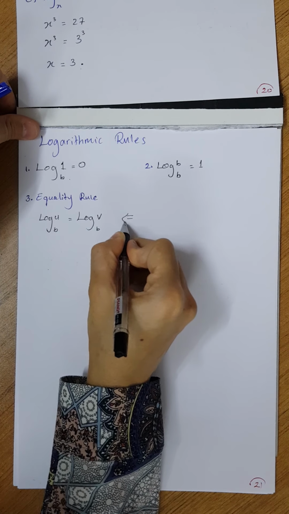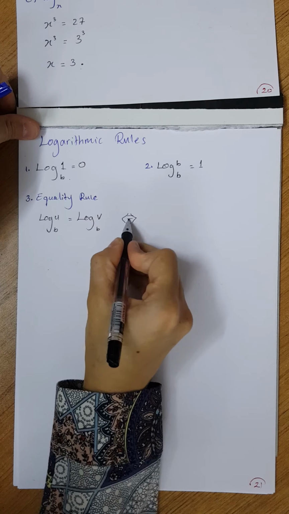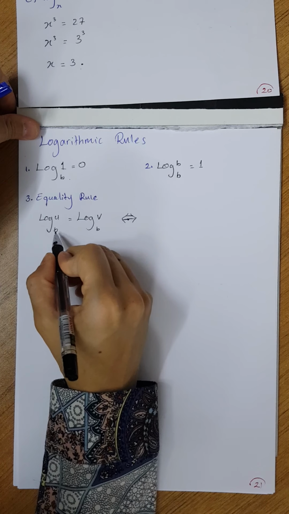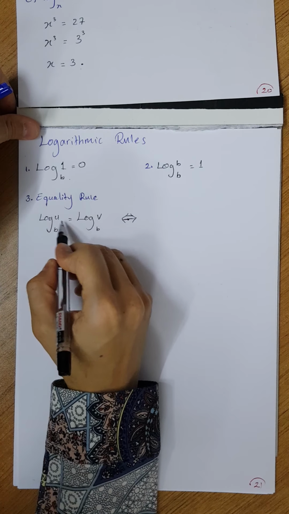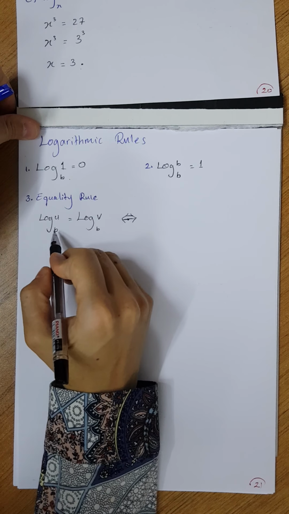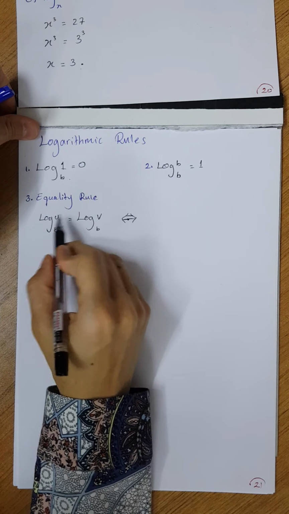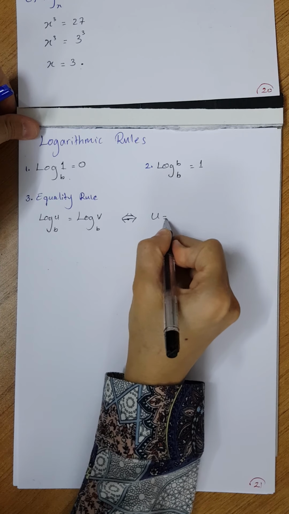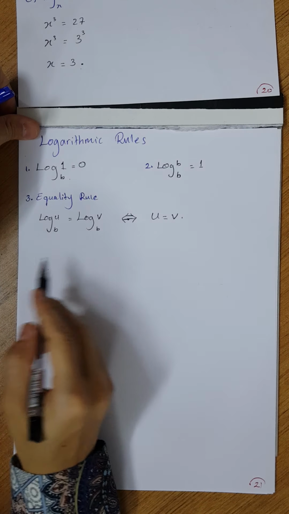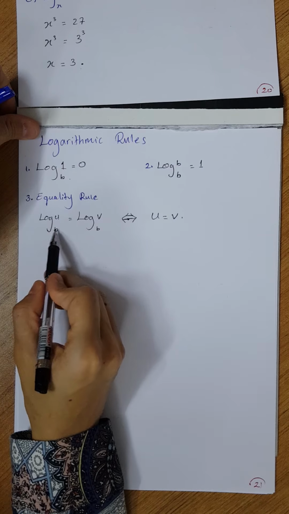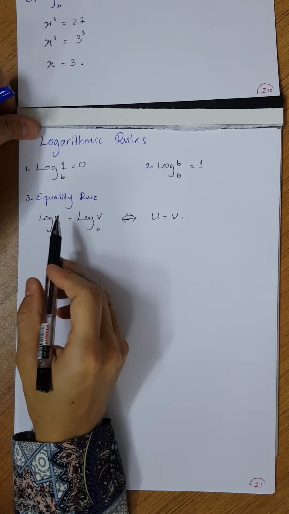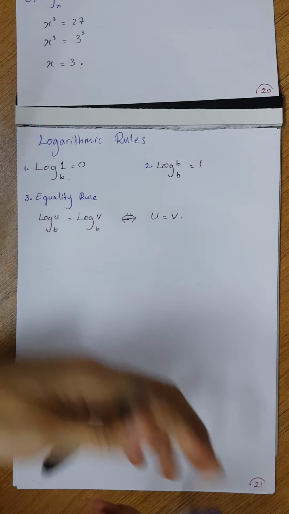If you look at those two logarithms, their bases are equal to each other. Logarithm of u is equal to logarithm of v, like we did for exponential functions. Since the bases are equal, u must equal v also. Everything is the same, so these two shall also hold.